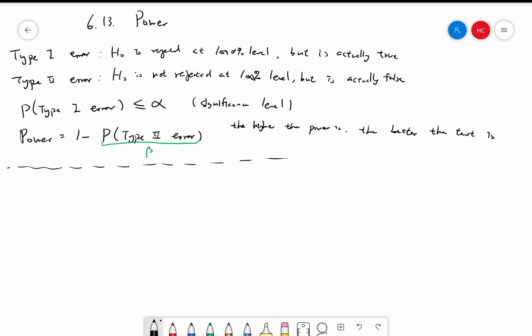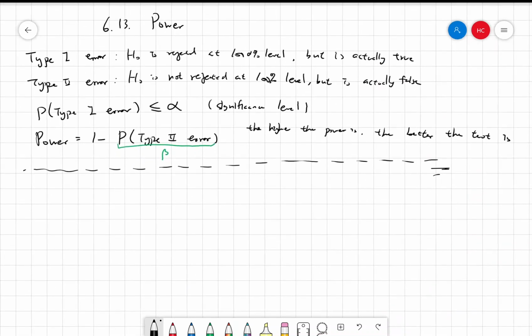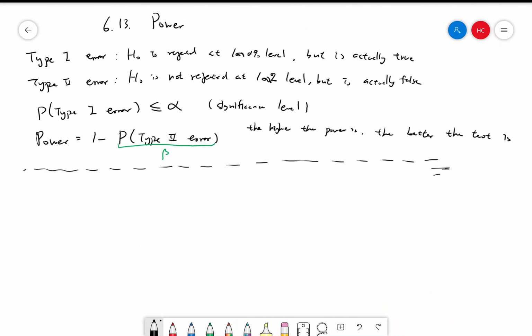Okay, so let's talk about how to calculate the power. To calculate power, first we find the rejection region.